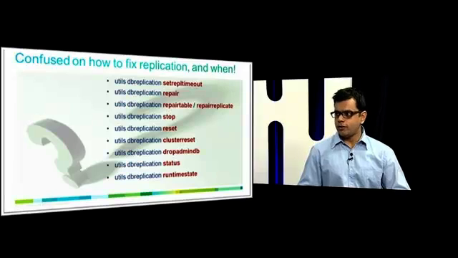So ideally you'd want to run this command when you have run into such a scenario. Then we have the utils dbreplication status. Like I mentioned before, if you want to check and see whether there are any tables out of sync, depending on the number of tables, it's going to take that much of time to actually pull that data and tell you in a file which further explains what's happening with each one of those tables.